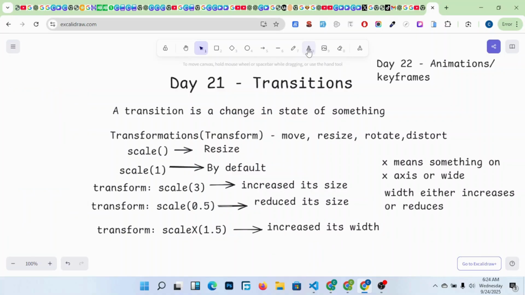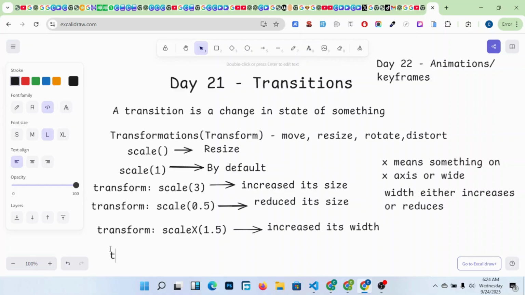If I do something like transform scale X 0.5, I don't mean that these are the only values. You can even take it lower, to 0.1 or 0.3. It doesn't matter. But if I say 0.5, I have taken it lower than the original, which is 1.